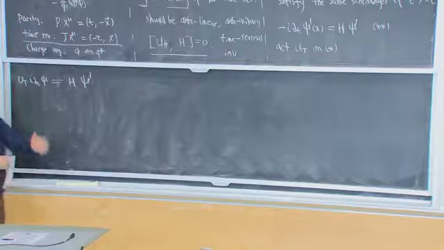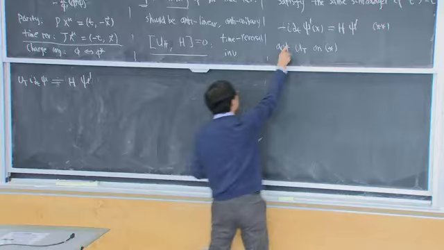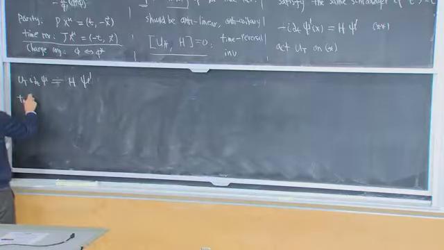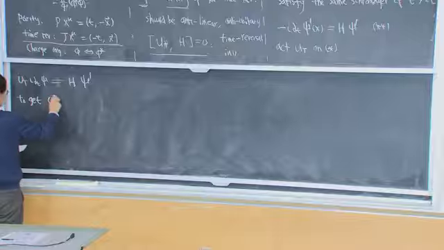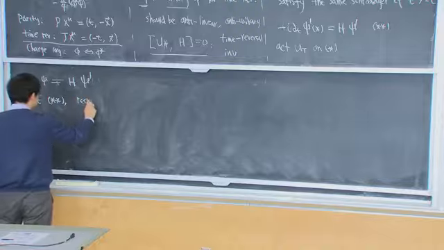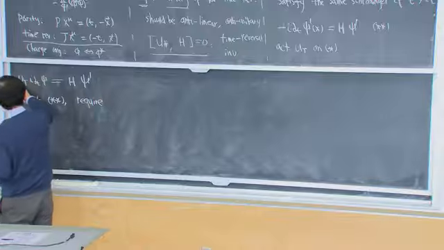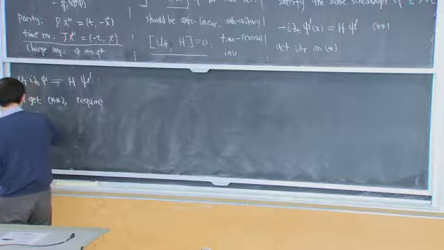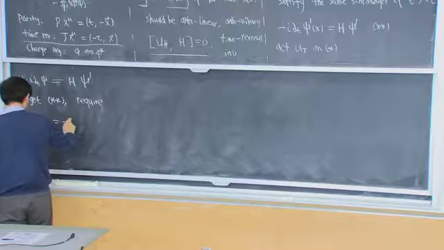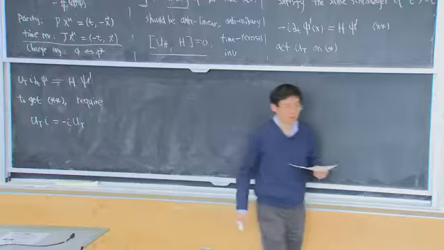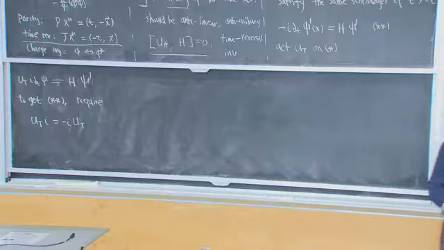The only way to get that equation is to require that when U_T passes through i, it takes it to minus i. We impose this condition: when U_T passes through i, you get minus i.